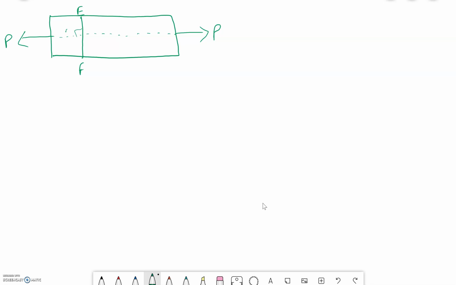Now, if we consider the thickness of this member to be unity, that is 1, then the area of section EF will be EF times 1. Simple, length into breadth, because if you look at the cross-sectional area, you will get a rectangle. That's the area that you will get. Now we can consider this as A.